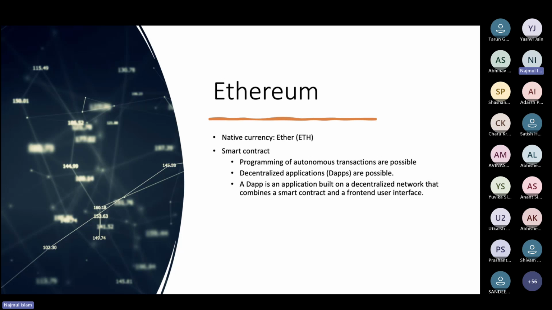So smart contracts are kind of the building block of decentralized applications. A DApp is an application built on a decentralized network that combines a smart contract and a front-end user interface. Exactly as I was saying, a smart contract is in the backend, and in the front end you develop some user interface and then interact with this backend. Backend is smart contract. Okay.